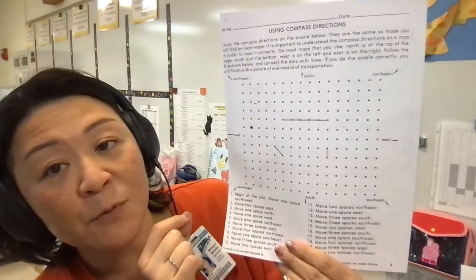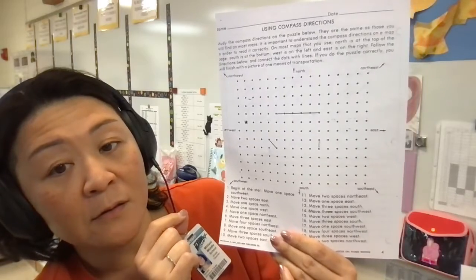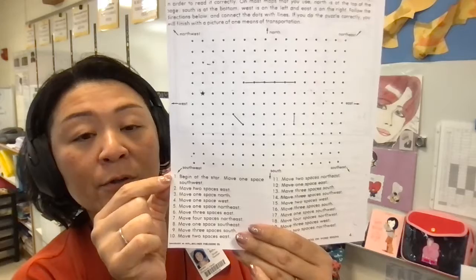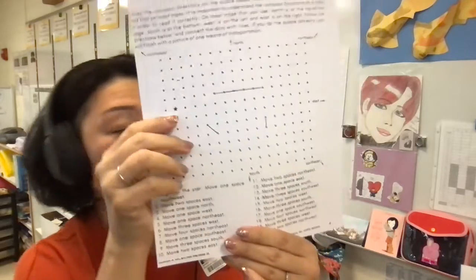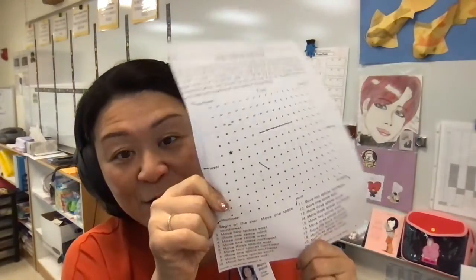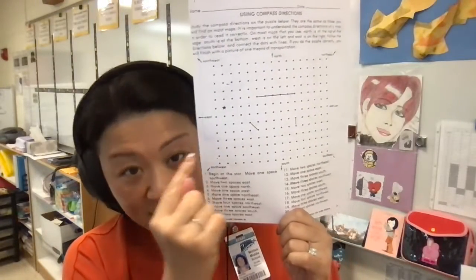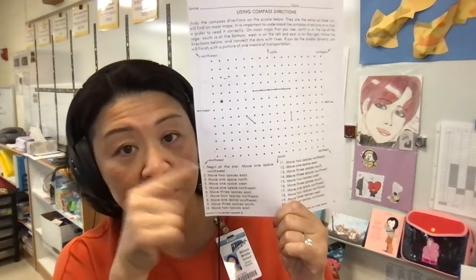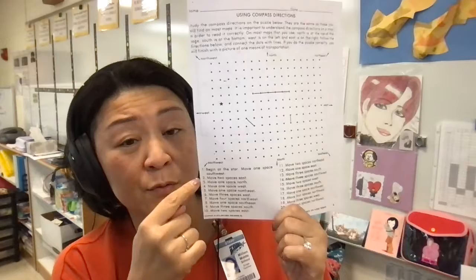Now those lines will be diagonal. Okay? So you're going to follow this order. Do you see how it's numbered? 1 all the way to 20. Okay? You're not going to want to skip any of them. You're going to want to do each one in this order. And when you've done it, maybe you should just put a slash through it so you don't get confused.